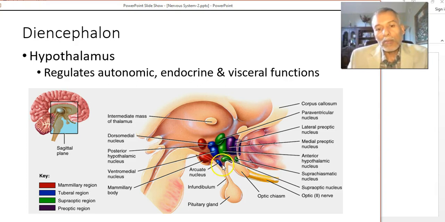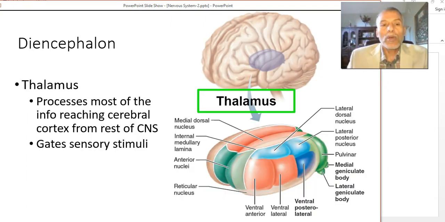The hypothalamus is connected with a special gland that is called the pituitary gland. The pituitary gland is basically a storage site for the hormones that are produced by the hypothalamus.